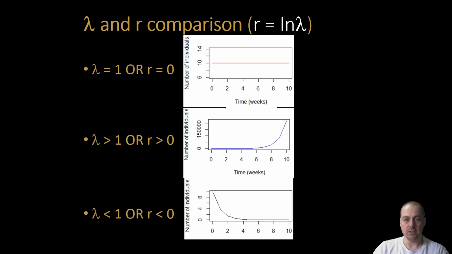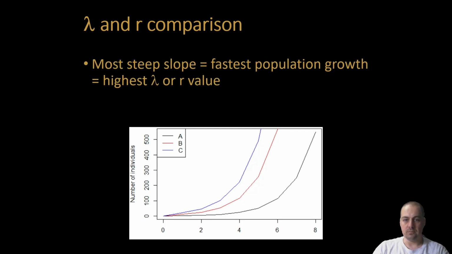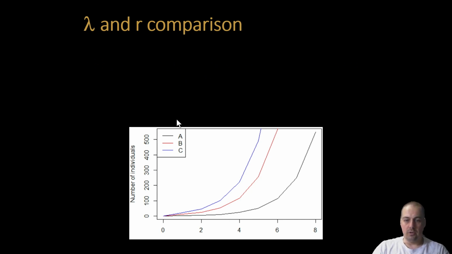Another trend that we can look at is in terms of the slope. So let's go back. If we look at this graph, we have two different slopes. As I mentioned, the slope is the actual value of lambda or r. So the steeper the slope, as in C here, the higher the r or the lambda value will be, which means the population is growing faster.